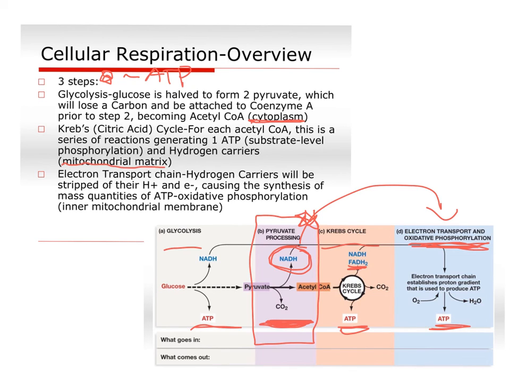And then the electron transport chain is also taking place in the mitochondria. Krebs cycle takes place in the mitochondrial matrix. Electron transport takes place on the inner mitochondrial membrane. So we've got 3 basic steps, plus between step 1 and 2 is like a half step where we're getting ready for the next big thing, but it's not going to generate energy for us.